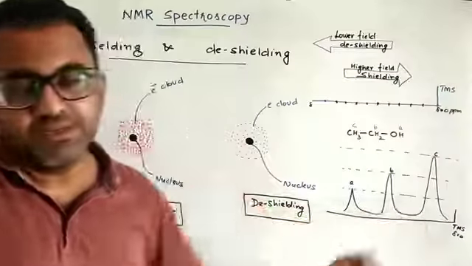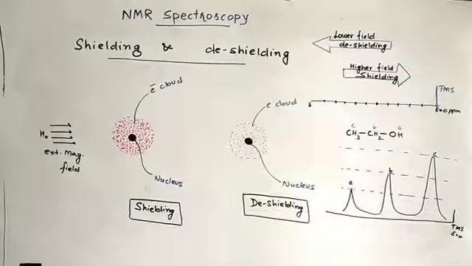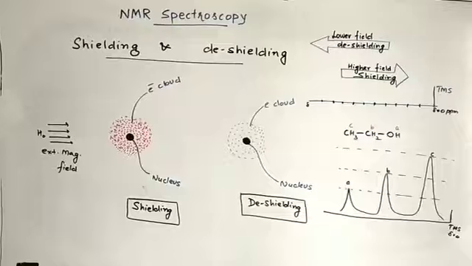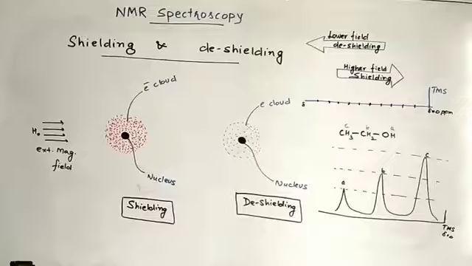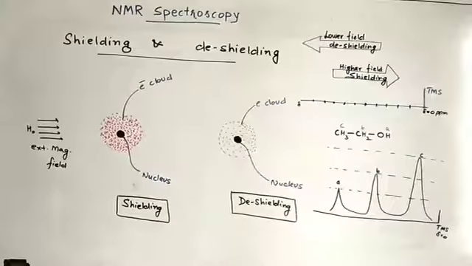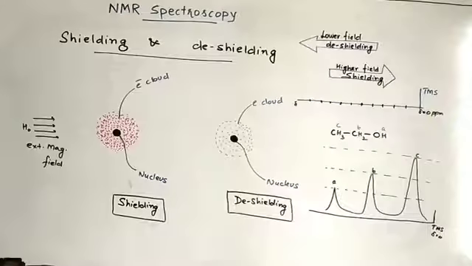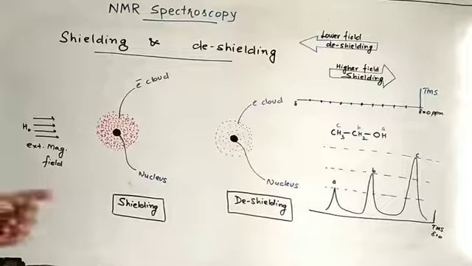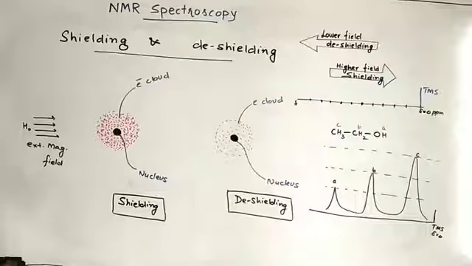Little bit more, then we get a C. Means when we increase the external magnetic field strength, first we get signal A, then B, then C. You can say signal C is shielded. Here we require more strength of magnetic field. So keep in mind, when there is shielding, we require more strength of magnetic field. Signal A is de-shielded, so we require less strength of external magnetic field. See what shielding and de-shielding are.